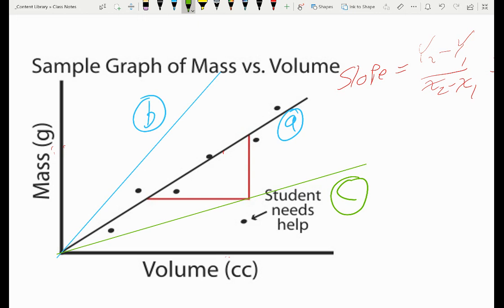So the closer that line gets down by C towards that x-axis, the more it floats, right? Because some things, when you put them in water, kind of sort of float because they're close to the density of water. They're a little bit less. And others, like in the pool, you get a ball and you push it all the way down to the bottom and you let it go.